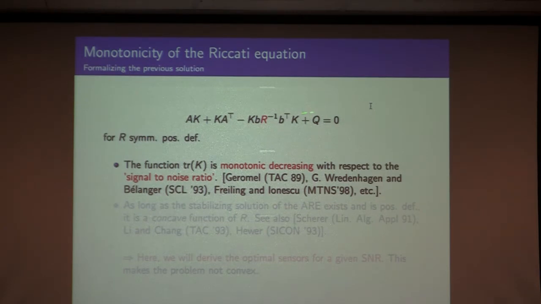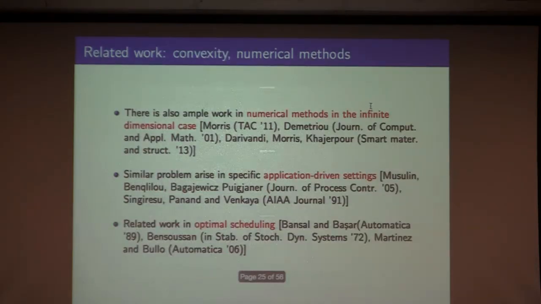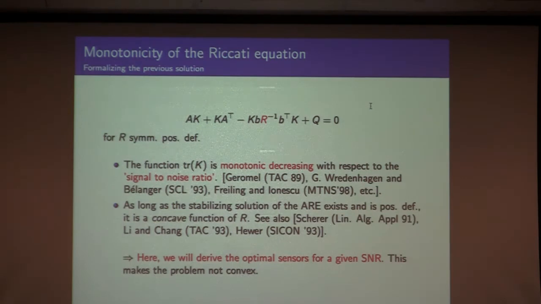If we look at this Riccati equation, now think of R here as a parameter. You want to study the behavior of K as a function of R. What Giromel proved is that K was monotonically decreasing with respect to R. In fact, it was a concave function with respect to the variable R. Now let's go back to our setting where here I would have B transpose.